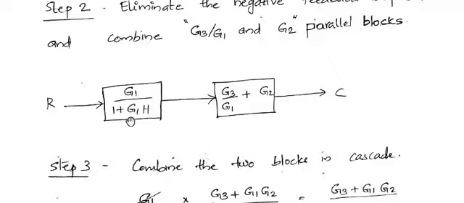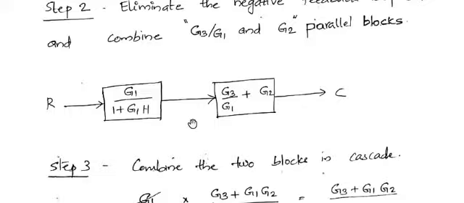Now if you look at this diagram, you can see these two blocks are in series, or in cascade. Now we can combine these two blocks into a single block. What would be the gain? If you have two blocks in cascade, we multiply the individual gains.